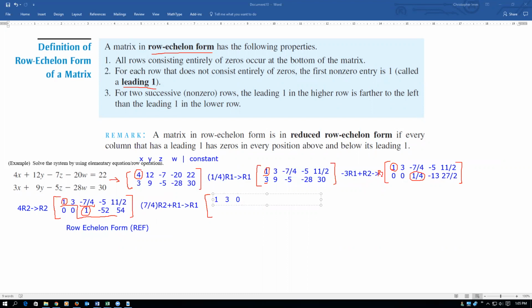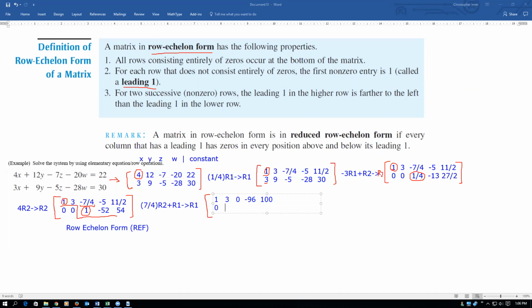Now we have to be careful. 7/4 times negative 52 is negative 13 times 7, which is negative 91, plus negative 5 is negative 96. Finally, 54 times 7/4 is going to be 27 halves times 7, which is 189 halves plus 11 halves is 200 halves. 200 halves is, of course, 100.